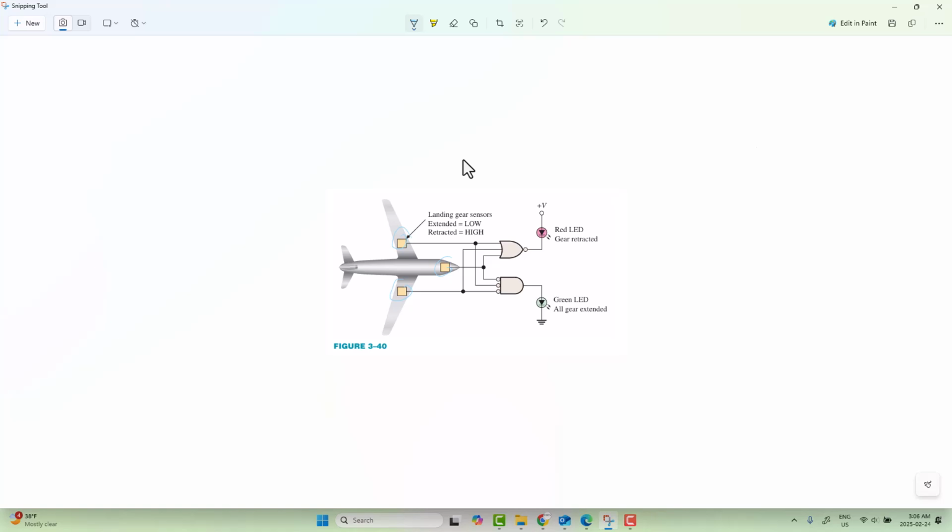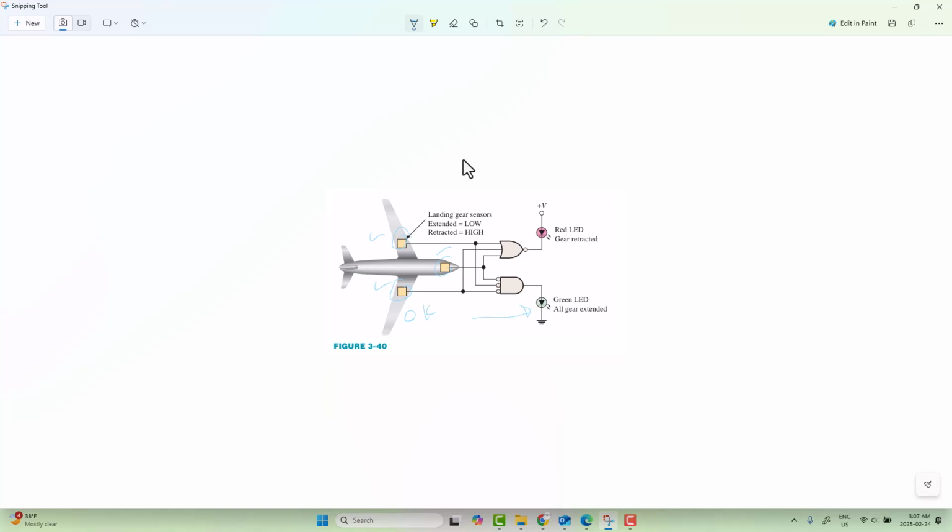So we want to have some diode, some LED that indicates when everything is okay. What this means is, when this one is fine, this is okay, this is okay, when all are okay, then we should have a green light.